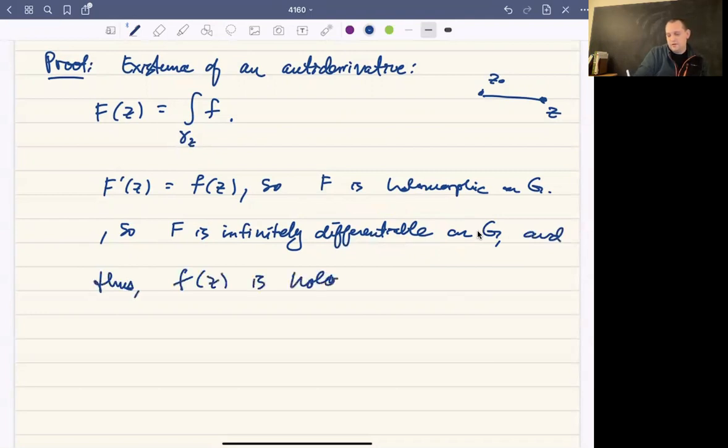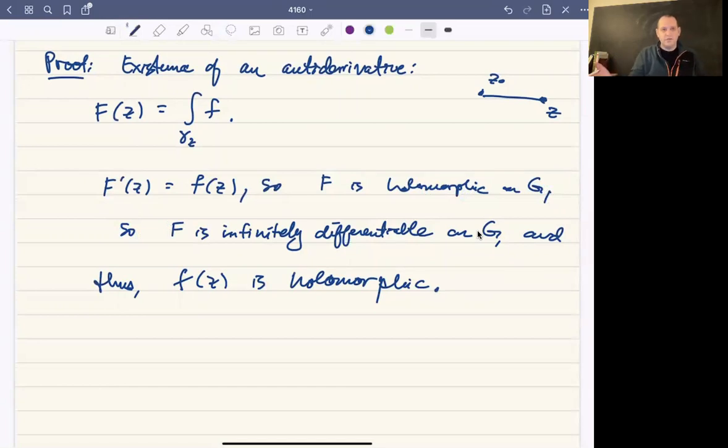So it's holomorphic and infinitely differentiable on G. Now we know that that's redundant. I don't need to say holomorphic and infinitely differentiable. I can just say holomorphic. Okay, and that's basically the proof.